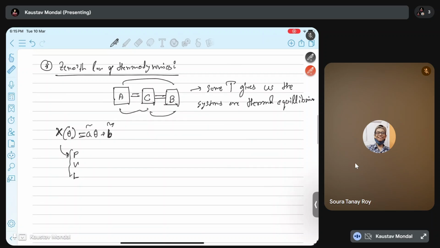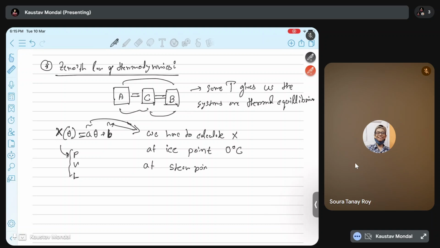And in order to calculate these two constants a and b, we have to calculate x at the ice point, that is at 0 degree centigrade, and at the steam point, that is at 100 degree centigrade. If we calculate this thermometric quantity at these two temperatures, we'll get two equations, and we have two parameters, right?